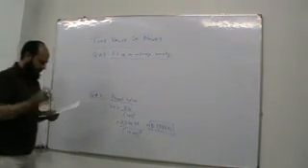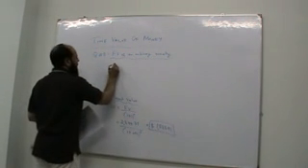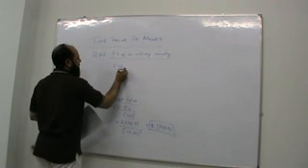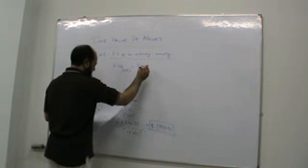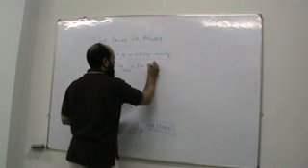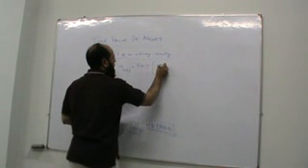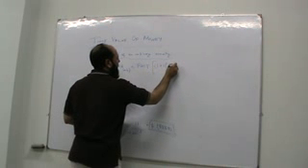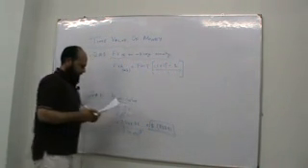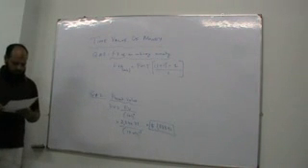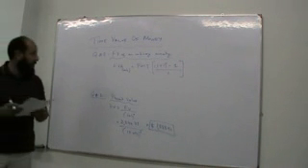The formula for calculating future value of ordinary annuity is PMT, which is the payment of annuity, times ((1 plus i) to the power n, minus 1) divided by i. So we can find out the future value of an ordinary annuity using this formula.